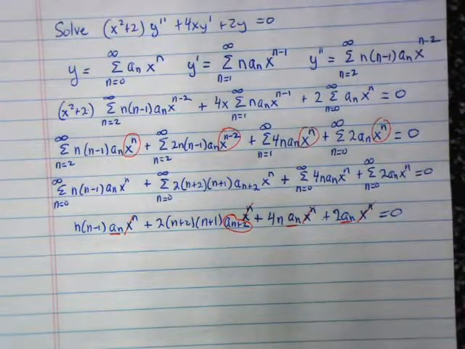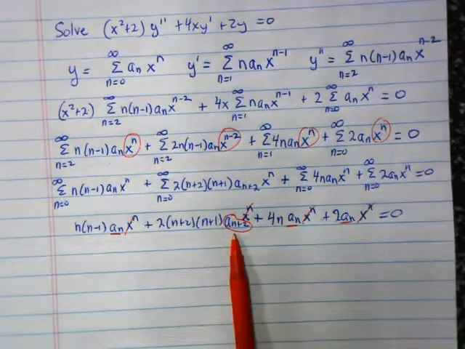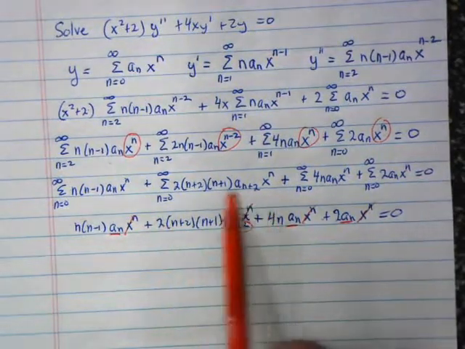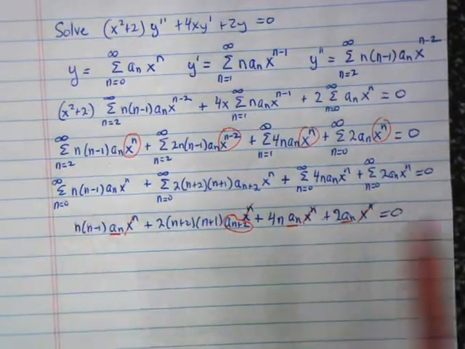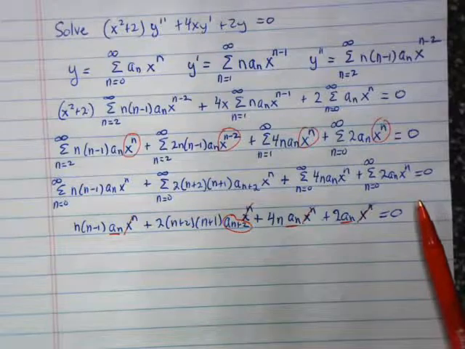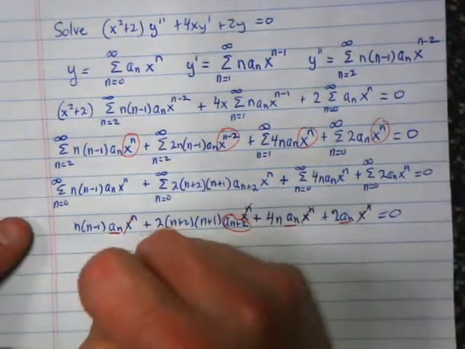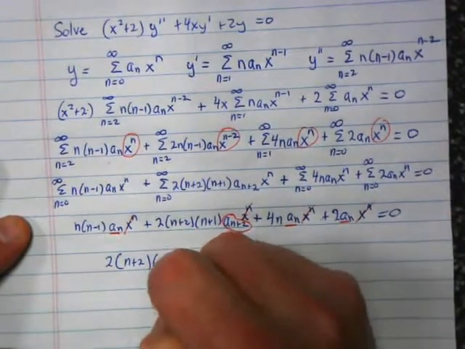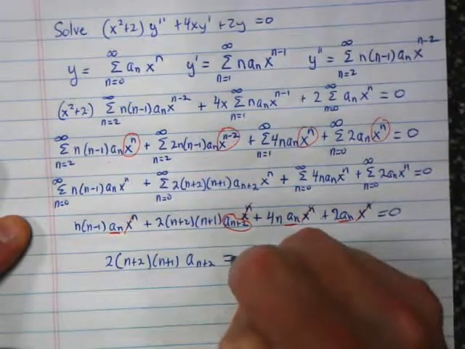So I want to take this a sub n plus 2 and get it alone. I'm going to write where it is, and move everything else over to the other side. In other words, I'm going to write 2 times n plus 2 times n plus 1 a sub n plus 2 equals.